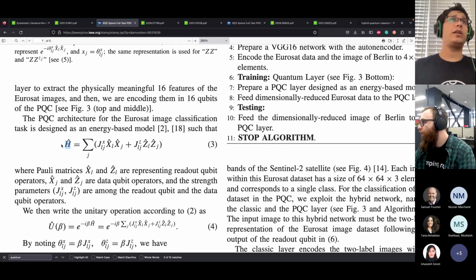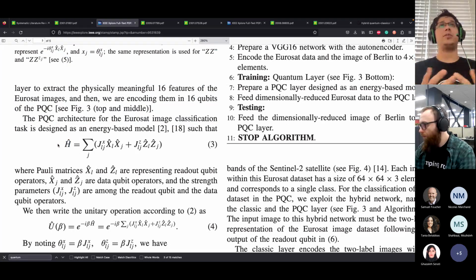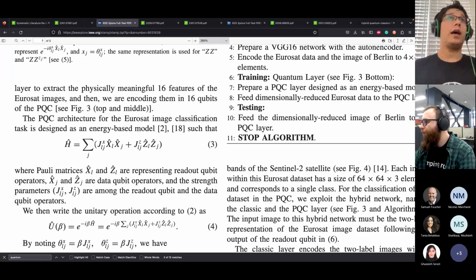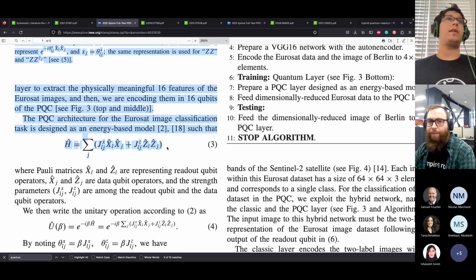And you can produce Hamiltonians. So these are observables, operators that are more complicated, but you can build them in terms of these Pauli gates. In this case, they're using this Pauli gate that comes from some ideas from physics, some physics approach to build this thing.